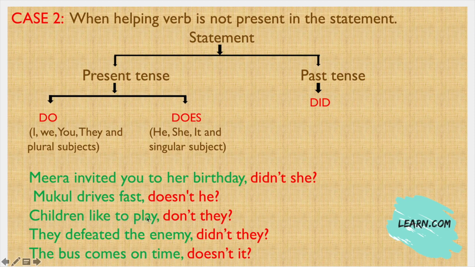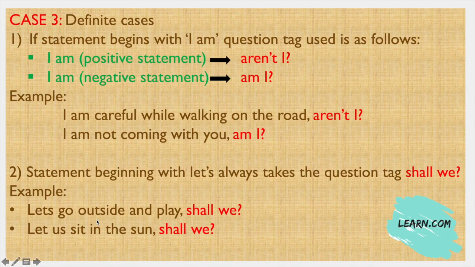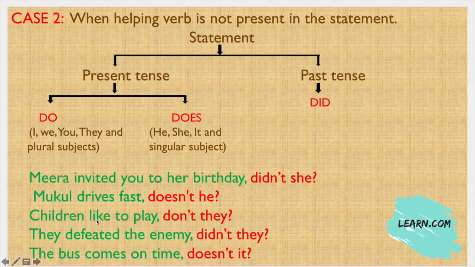Next example. Children like to play. Now children is the plural subject. That is why the pronoun will be they, because for plural subjects the pronoun used is they. Like, because with plural subjects we use the first form of the verb, so it is in present tense. The sentence is positive, that is why don't they.